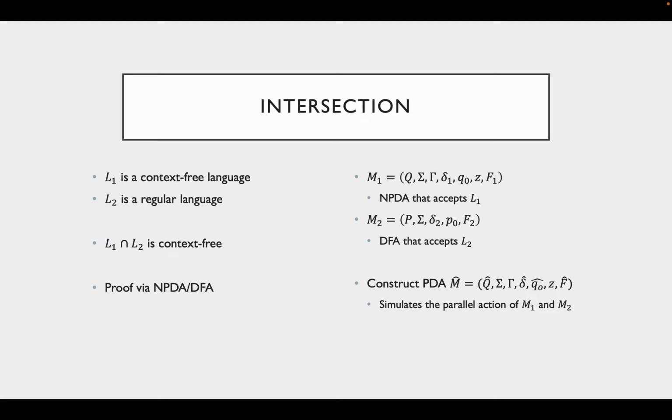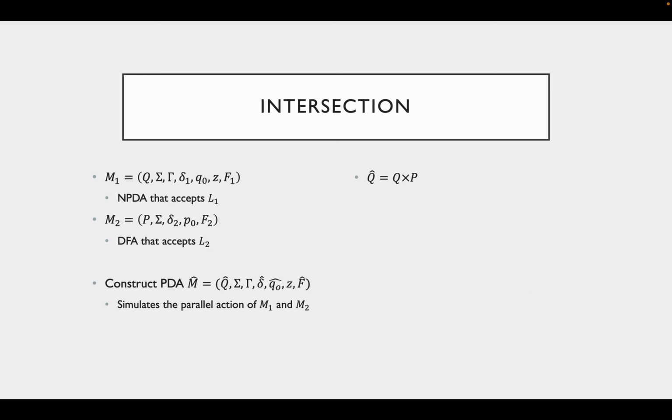What this NPDA is going to do is simulate M1 and M2 running in parallel. So it's going to take an input and run it through M1 and M2 at the same time. And if they both end up in a final state, then M hat will end up in a final state and the word will be accepted.